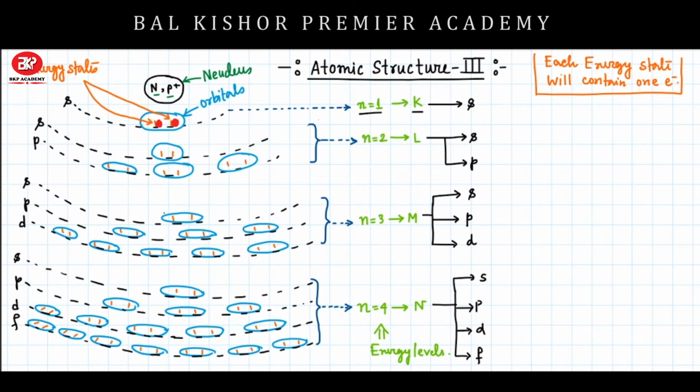Now there can be several electrons inside an atom, so we have to distinguish each and every electron. That means electrons must be characterized.